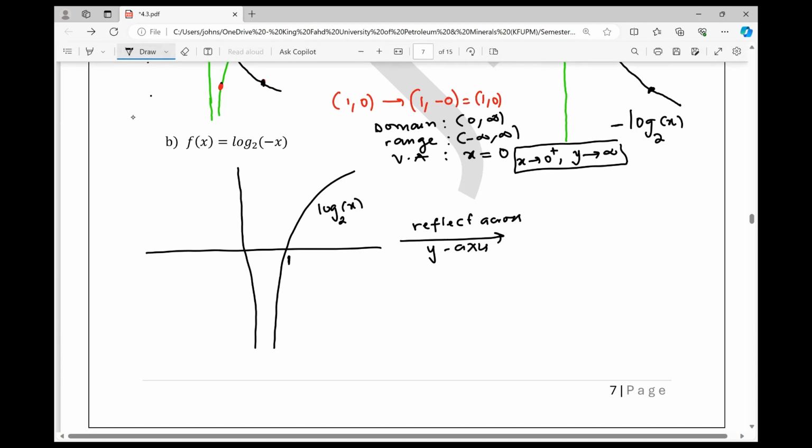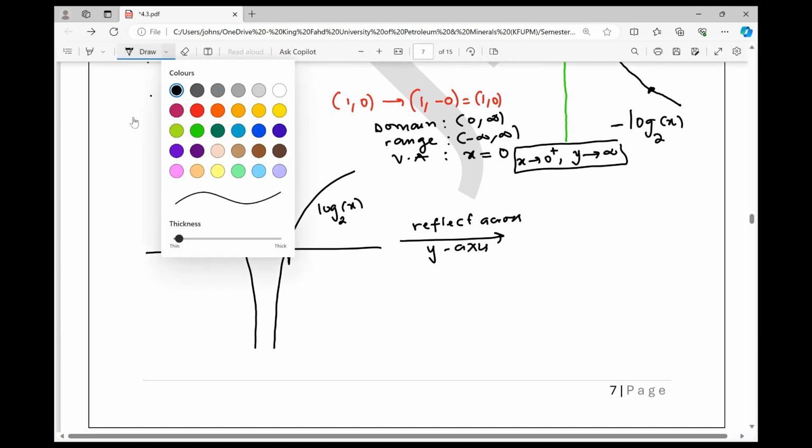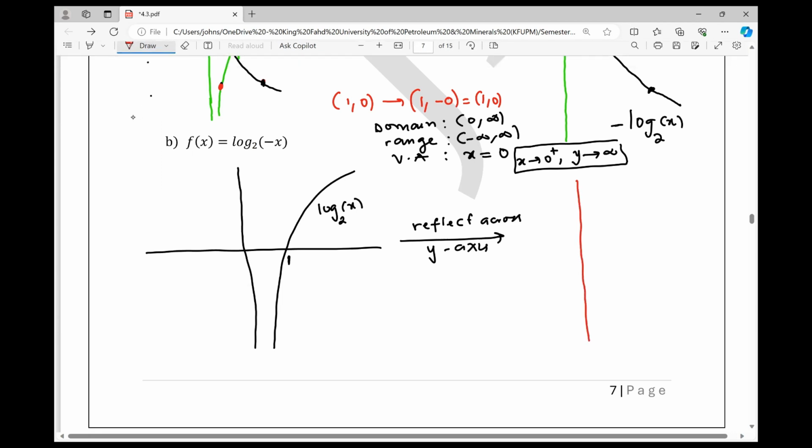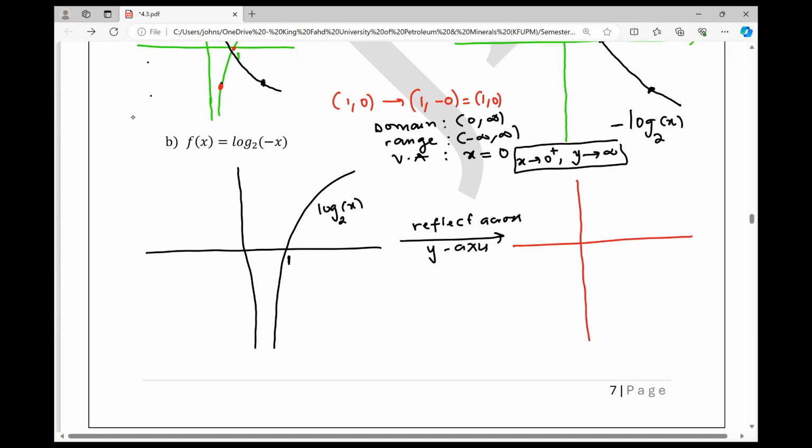So it's going to be something like this one here. So this is log to base 2 of minus x.